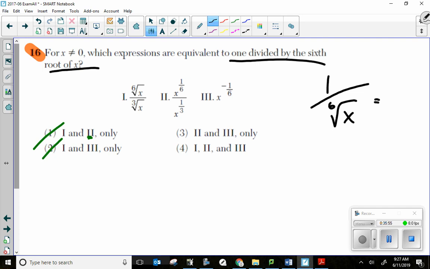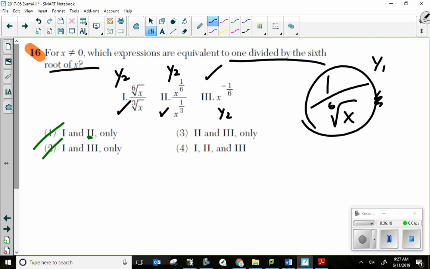If I put this in y1 and graph it, I could put this in y2 and see if it's the same. If it's the same, it's equivalent. Then I could put this in y2. See if that's the same. If the graph is the same, it's equivalent, and it works. Then I could put this one in y2. If the graph is the same, it's equivalent. All 3 graphs would be the same as this graph here, so all 3 are equivalent. You could do that in a calculator.